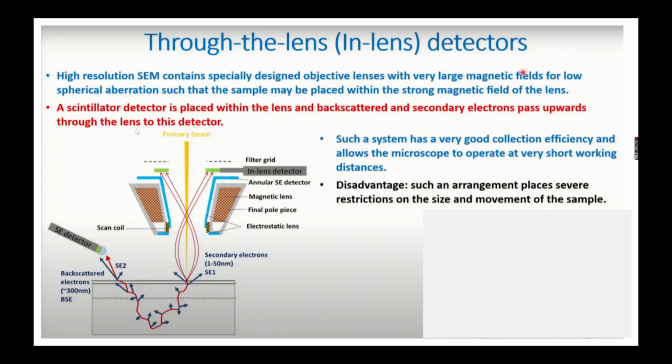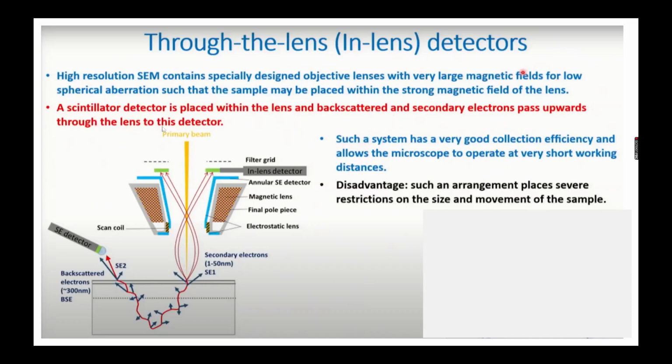Although we have your ET detector here, when the primary electron beam comes and hits your specimen, signals get generated and it will detect mostly SE1 or some of the SE2 and your BSE, because the BSE will also go in the direction of your primary beam, only a little bit deviated. So both can be detected. I mean the BSE will also go and SE will also go.